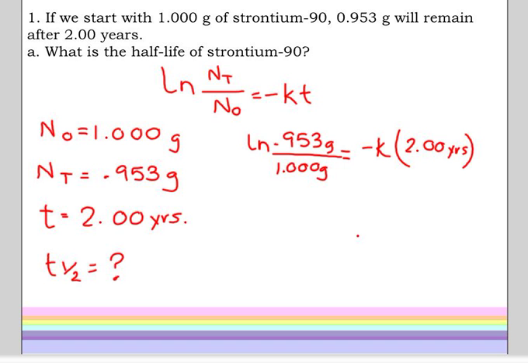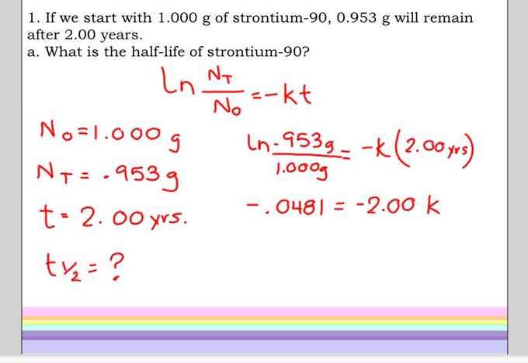But again, if you look at that left side, you can put that in your calculator and get a number. If you put in natural log of 0.953 over 1, you'll get negative 0.0481. And that's the left side; the right side is going to be negative 2.00 k.